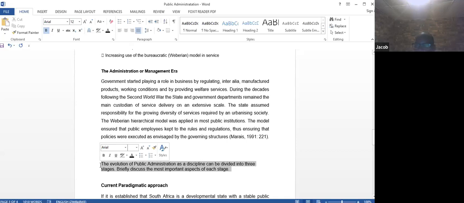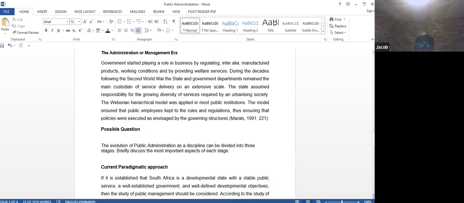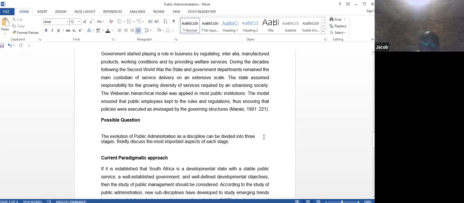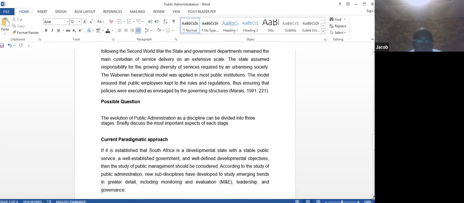Then there were certain approaches that are used in public administration. The current one is the paradigmatic approach. It's a paradigm. With the paradigmatic approach, it is established that South Africa is a developmental state.